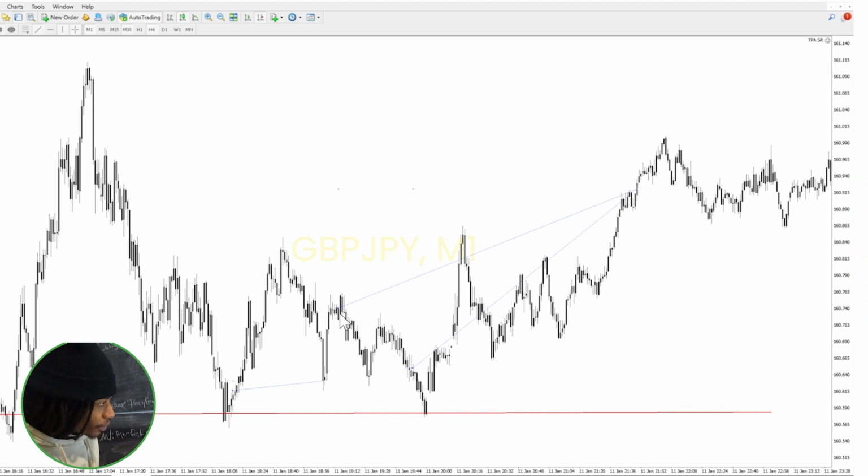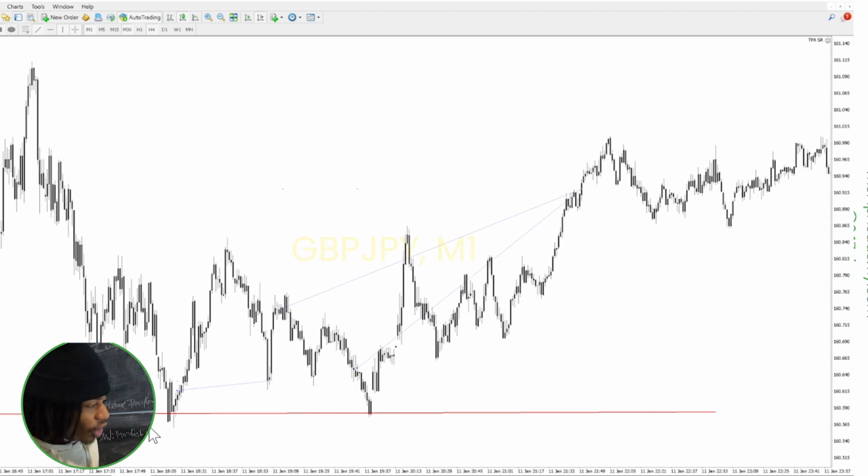So here we have the same thing. We have an entry here and our stop loss is placed on the other side of the support as it should be. Same thing with the second entry I take there as well.